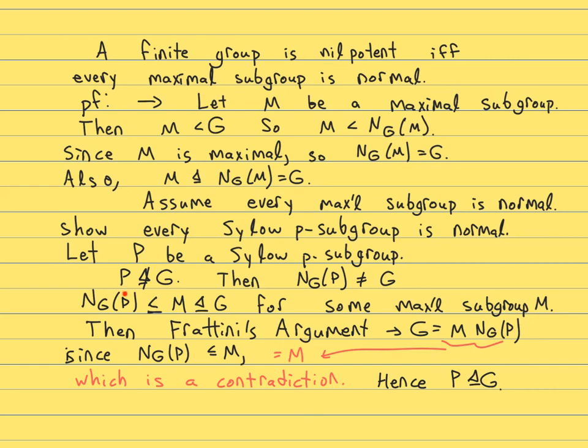On that level, this is a higher level contradiction argument because the contradiction you're making is that you assumed you had a maximal subgroup and you managed to prove that it was actually equal to all of G, which is not supposed to be possible. You start to find these types of contradiction arguments in higher mathematics where you end up contradicting some other theorem rather than just the statement you just made.